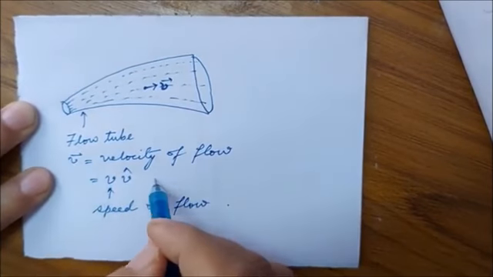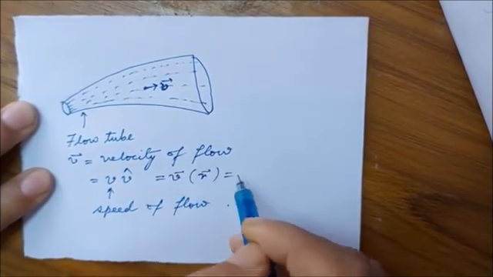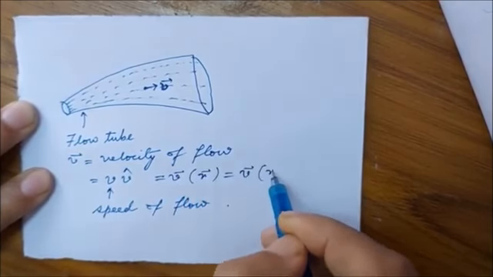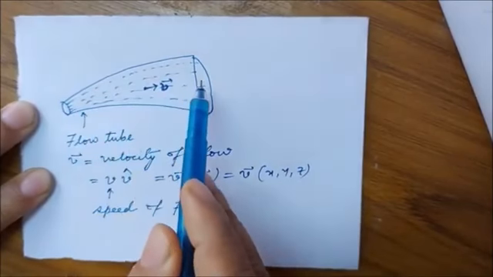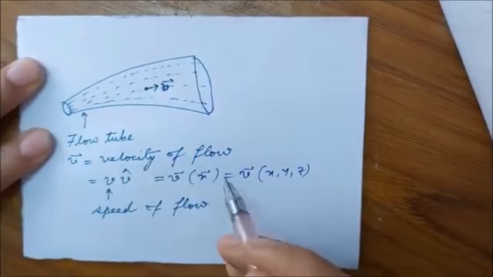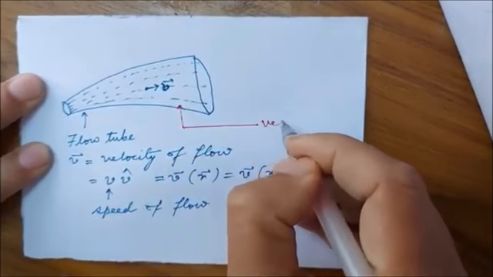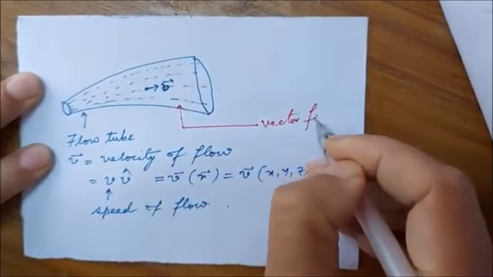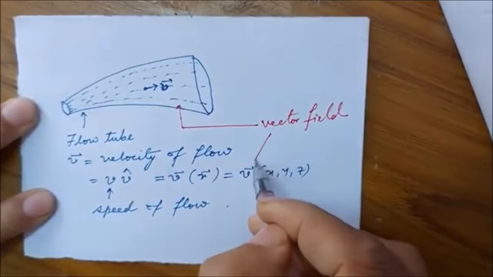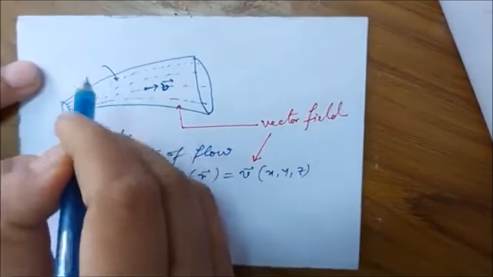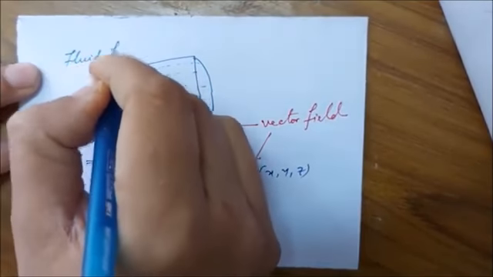Now this V is a function of space, because velocity varies from point to point in general. So this region is a vector field, and the corresponding vector is V. And here we have a fluid flow.